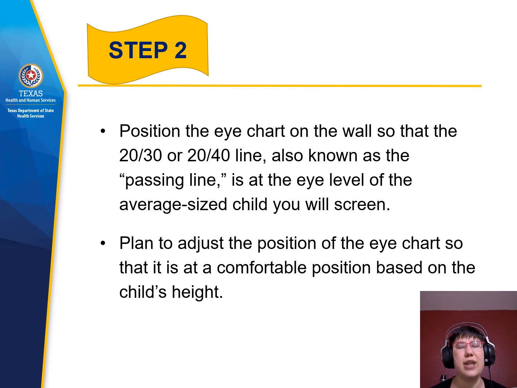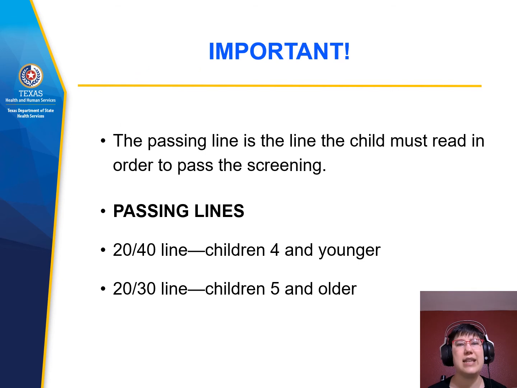Step 2, position the eye chart on the wall so that the 20/30 or 20/40 line, also known as the passing line, is at the eye level of the average sized child you will screen, but also be prepared to move it up or down in case you've got a really tall kid or a really short kid. It's very important that you know what the passing line is for the age of children.